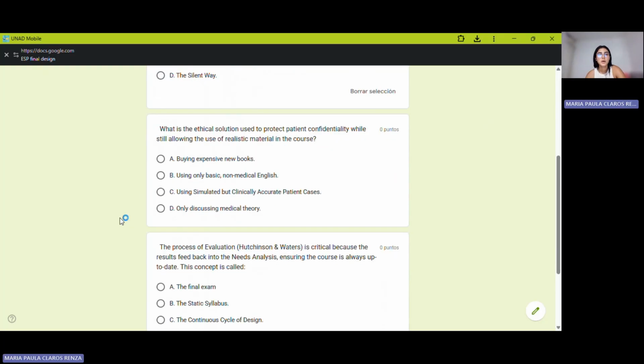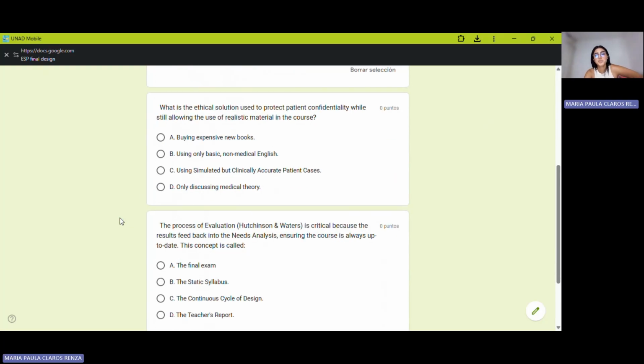The second one: what is the ethical solution used to protect patient confidentiality while still allowing the use of realistic material in the course? Buying expensive new books and using only basic non-medical English, using simulated but clinically accurate patient cases, or only discussing medical theory.